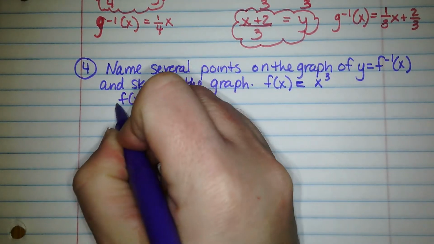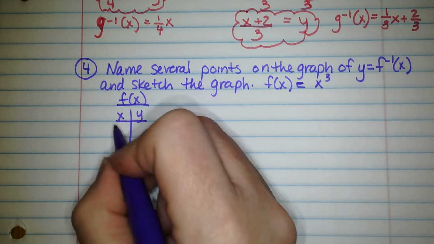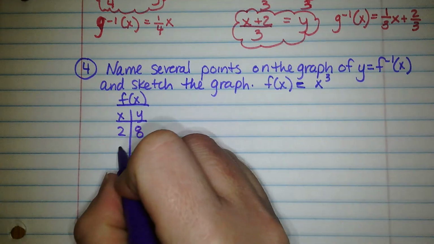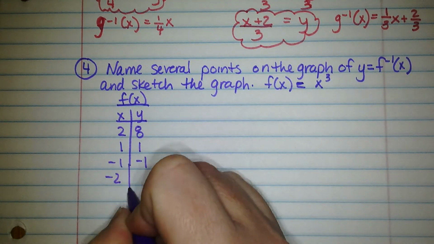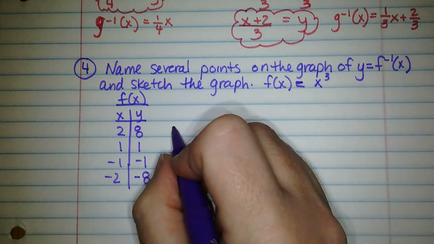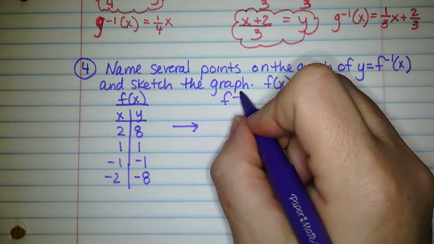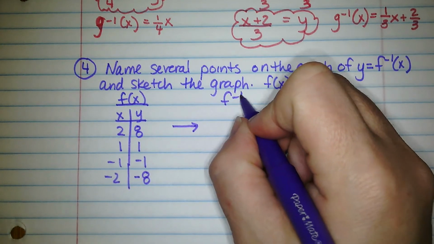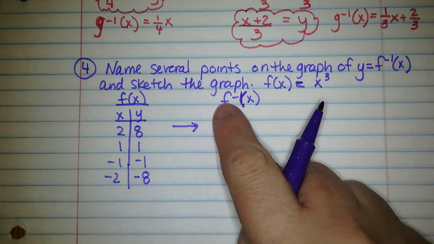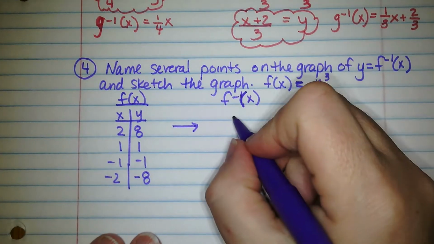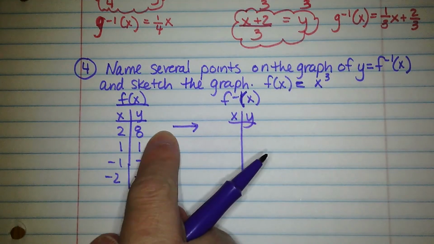So our f of x table has 2, 8, 1, 1, -1, -1, and -2, -8. And if we're going to map that to f inverse of x, then all we have to do literally is switch the coordinates.